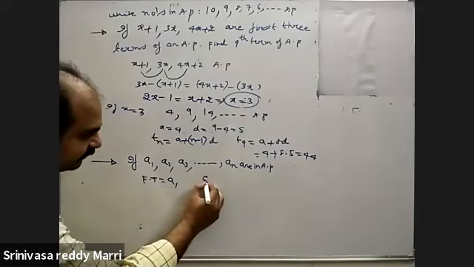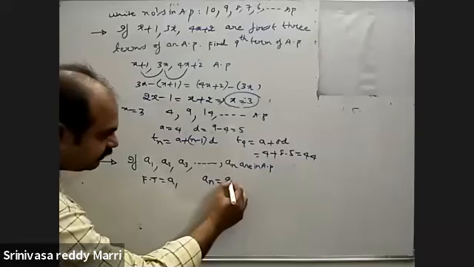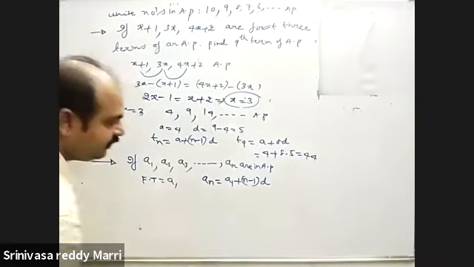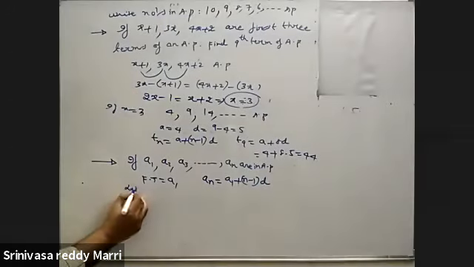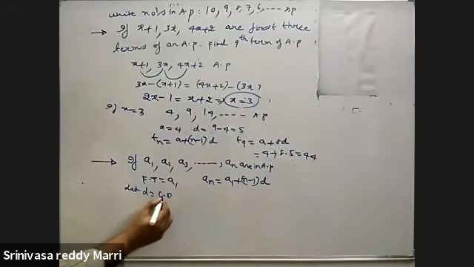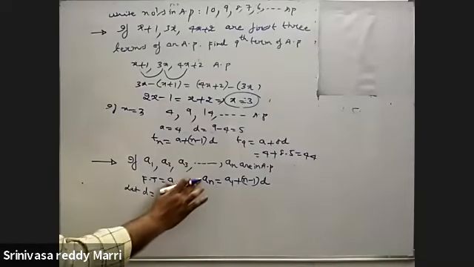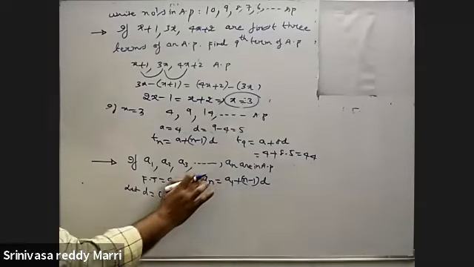Now the nth term we will write like this: nth term equals A1 plus (n minus 1) into D, where D is the common difference. Instead of writing Tn, here you will write An.